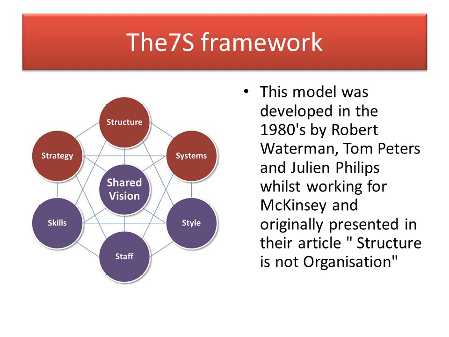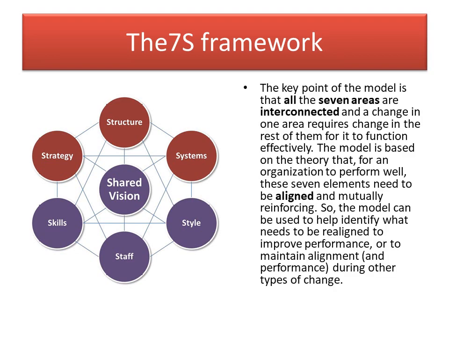This is an abridged version of the 7S's developed by Waterman and Peters, and it is saying that companies can be thought of in terms of the 7. What is important is they're all interconnected and everything needs to be aligned, so the model can be used to identify what needs to be realigned to improve performance or maintain alignment during other types of change.